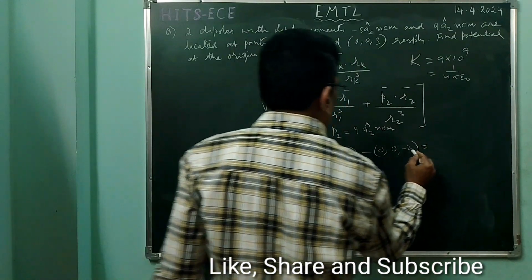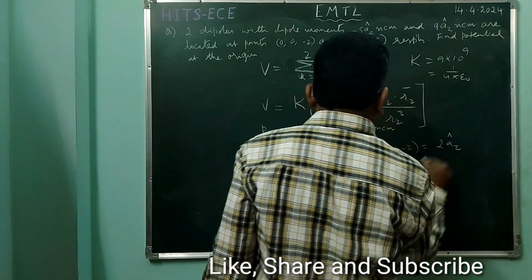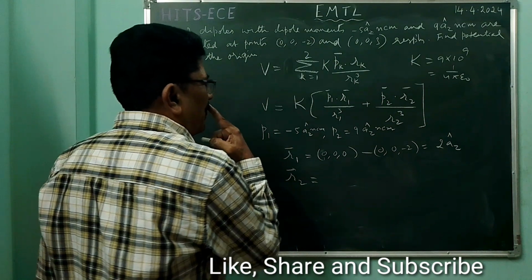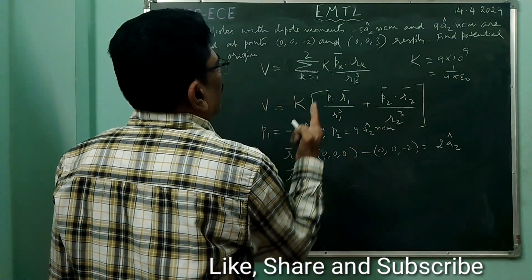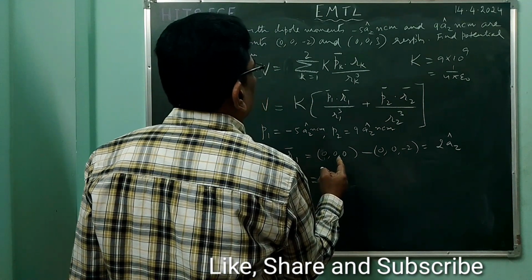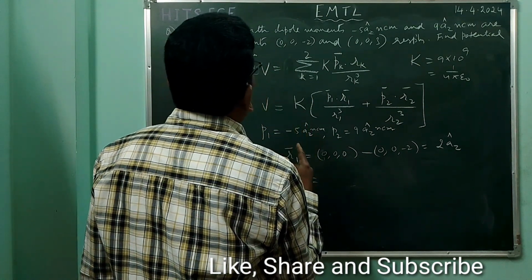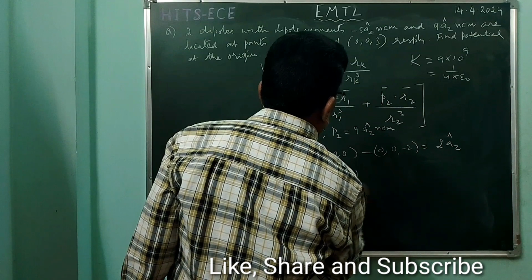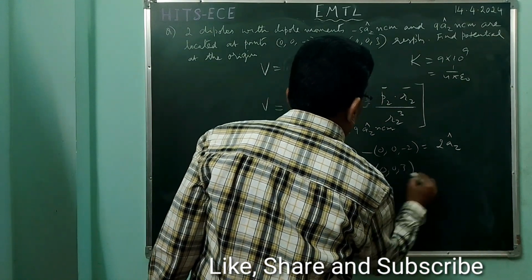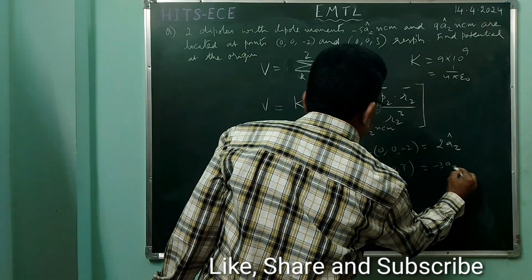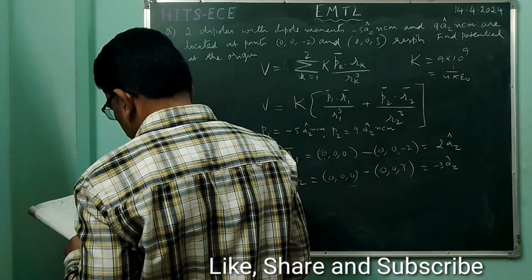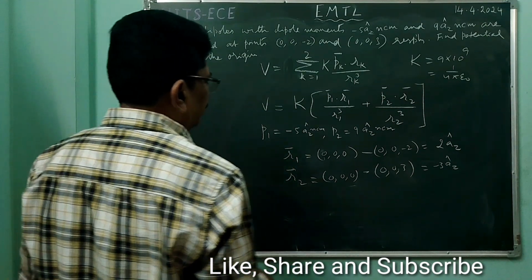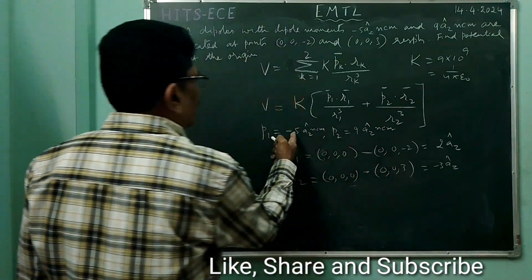So R1 is equal to 2 az cap and R2 is equal to (0, 0, 0) minus (0, 0, 3), which is equal to minus 3 az cap.